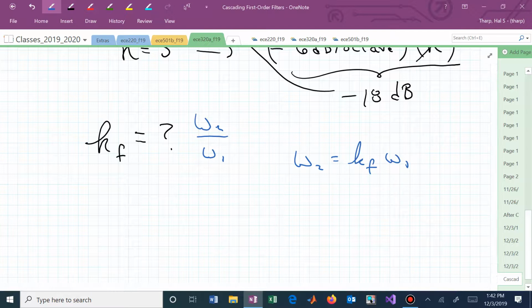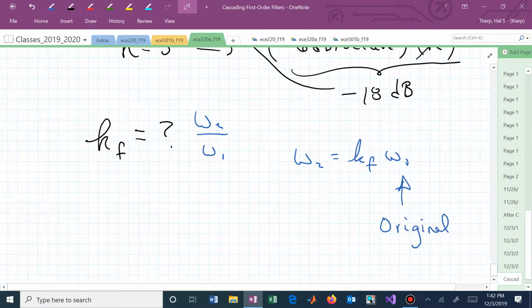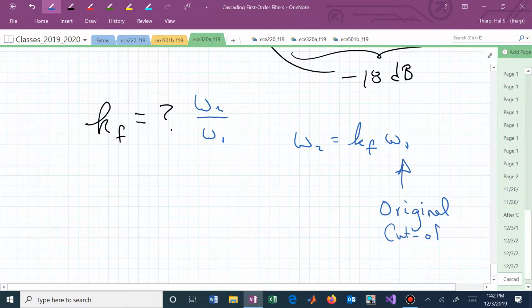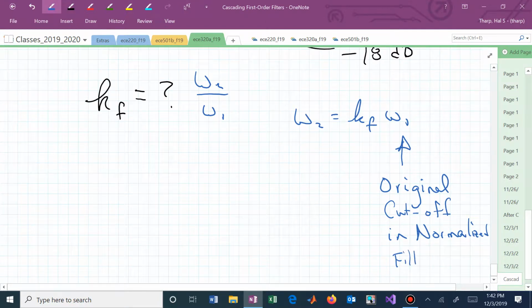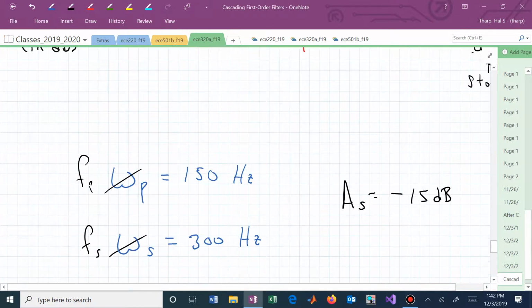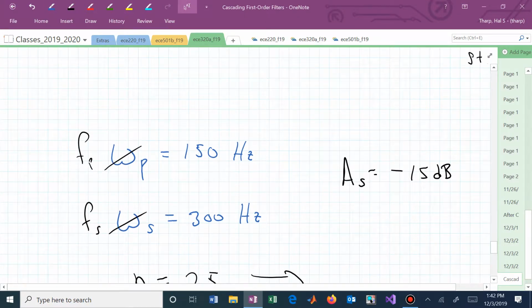Omega 1 is our normalized filter's cutoff frequency. So this is our original, in our normalized filter. And what do we want it to be based on this hypothetical discussion? What do we want the new cutoff frequency to be?